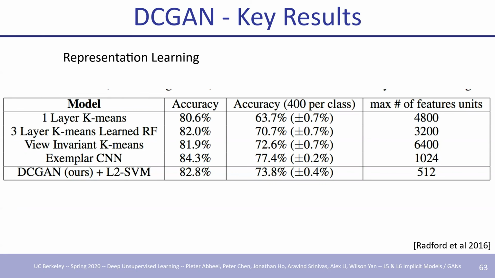It's not as good as the best, but it's competitive. So it actually learned some representation of the ImageNet dataset, or whichever this was. I don't know if it was ImageNet, but it learned the representation without having to explicitly use supervised learning. So you could train it on a large set of data, and then at the end just improve it with some labeled data. So it already had some representation learned from there. Okay.